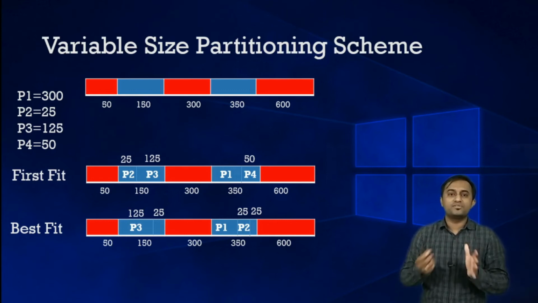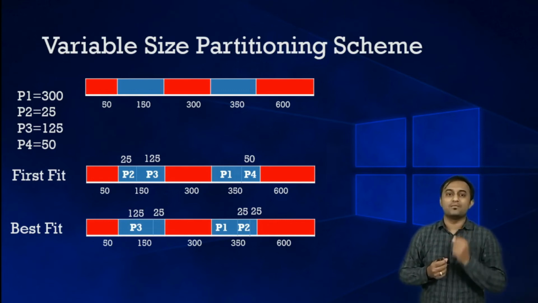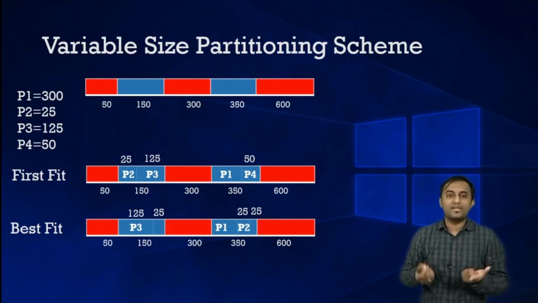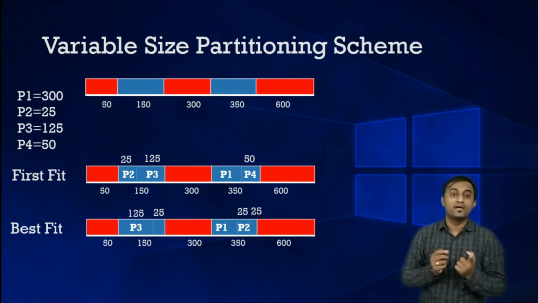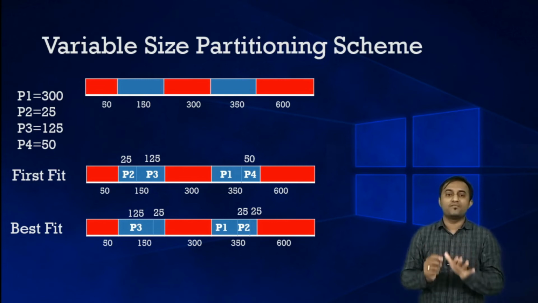How many slots are available? Two slots are available. Yes, one is 150 and the second one is 350. So which one is capable enough? The second one, the 350 block, is capable enough to accommodate the process P1. So P1 would be accommodated over there. Yes. Now what is the remaining size? 50. So 50 KB can be further utilized.